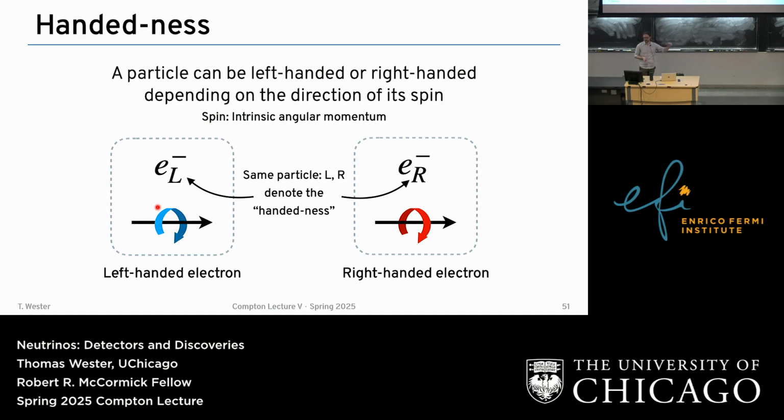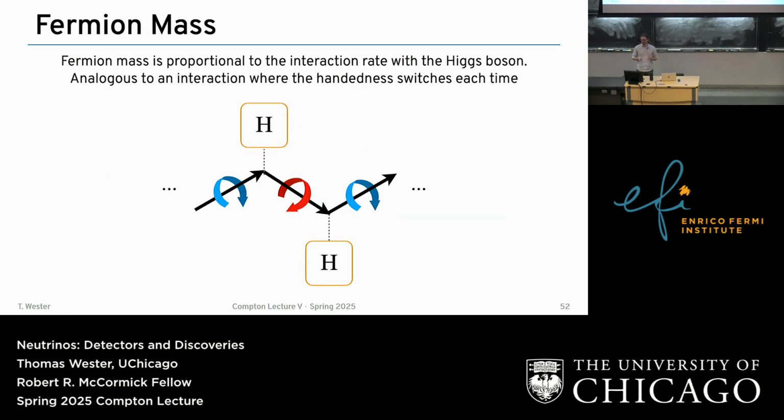So for the left-handed one, it's going this way. The spin is coming kind of up and around. And the other one, the spin is going the other way. I need to use my right hand for this one for the same direction. So that's what we mean when we talk about handedness. And this becomes relevant because our model of fermion mass, of how the fermions get their masses, has to do with this handedness.